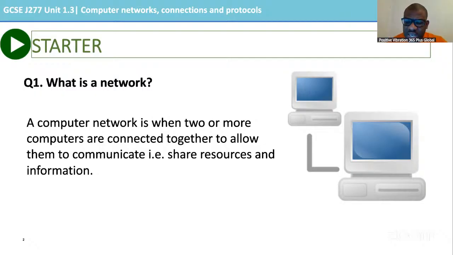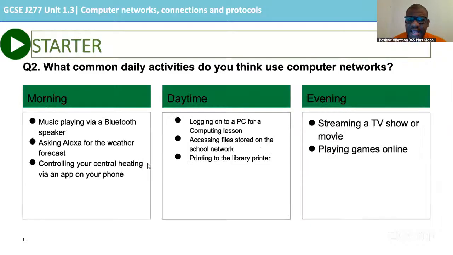In fact, we refer to that as a personal area network, and it's just a network that is on your person. So anytime we have two or more devices that are connected together that allows for communication and sharing resources, we refer to that as a network, all right?